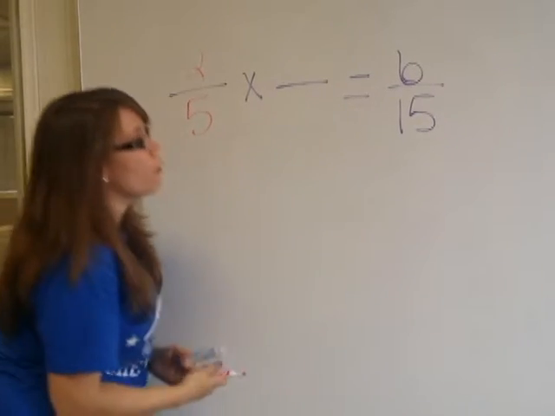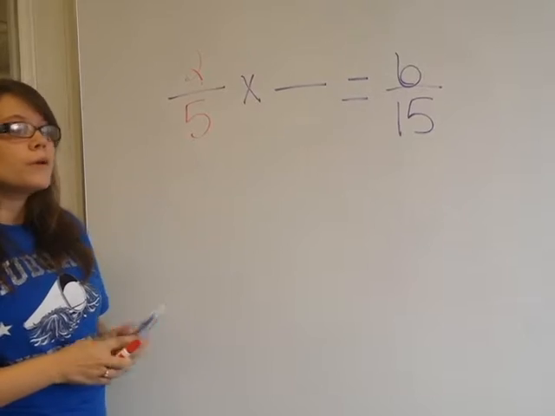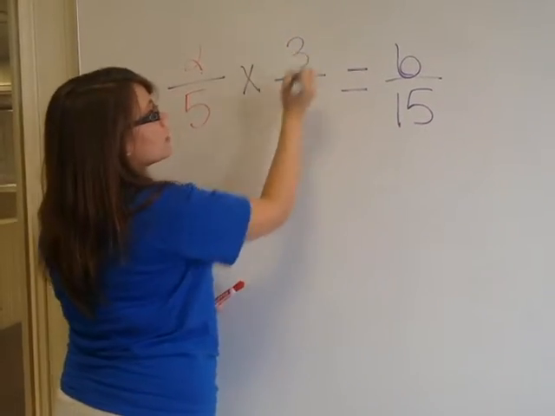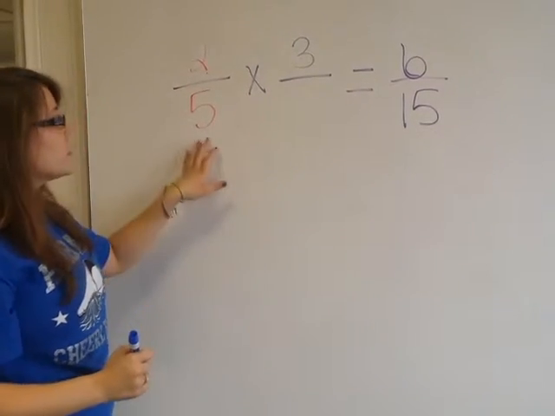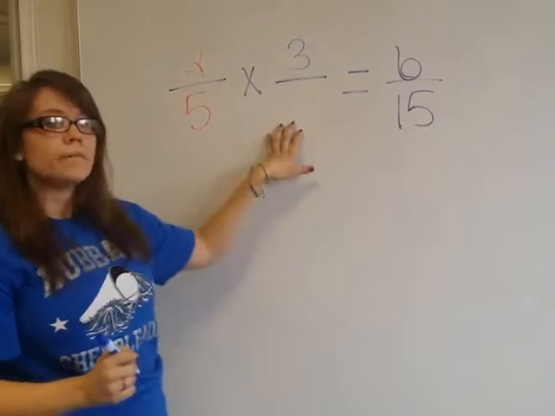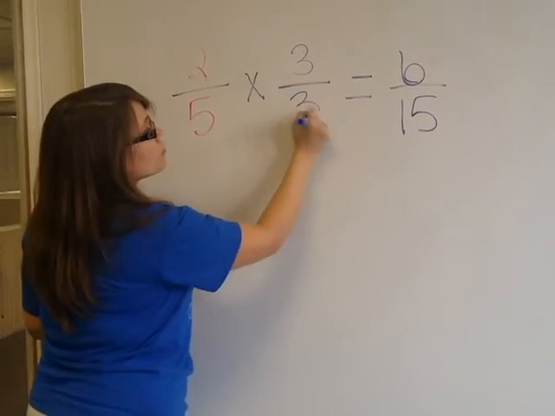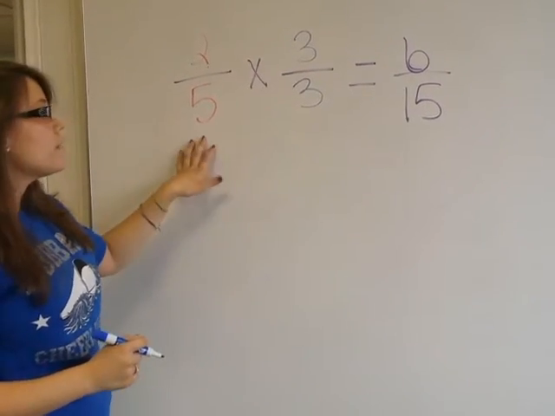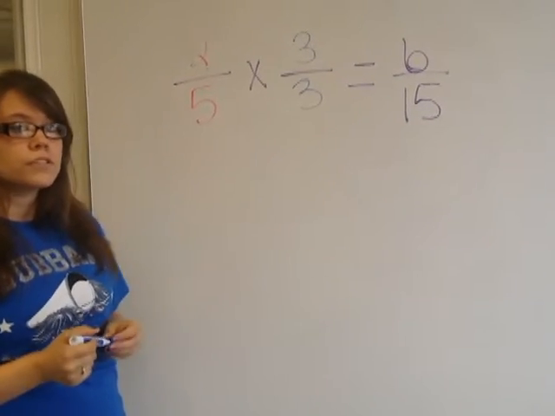Say you didn't know what number to multiply 5 by in order to get 15, but you knew that 2 times 3 is going to get you 6. Then you can sit there and think about it. What is 5 times 3? Does that equal 15? And in this case, it does. So if you take 2 times 3, you're going to get 6, and 5 times 3, you're going to get 15. Therefore, we know that all those fractions are equivalent.